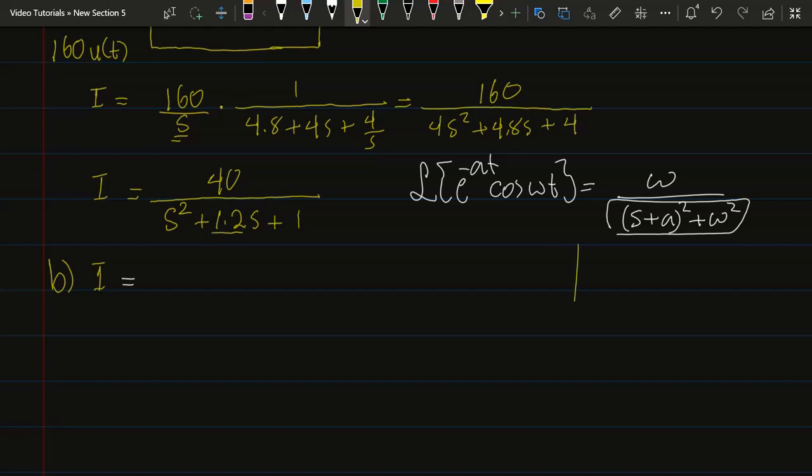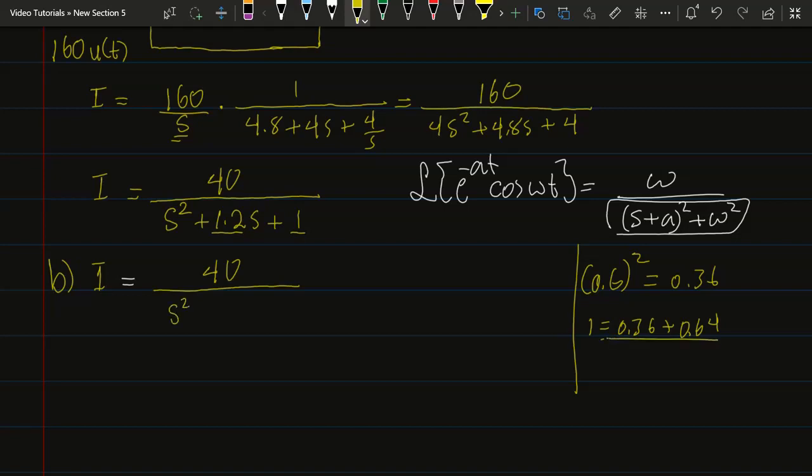And this value is, well, half of 1.2 is 0.6. I need to add and subtract 0.6 square, which is equal to 0.36. So I have here 40 over, or I can also separate this, because 1 is equal to 0.36 plus 0.64. So whether you add and subtract, or you just break the 1 into 0.36 plus 0.64 gives you the same answer. So I'll just use this in here.